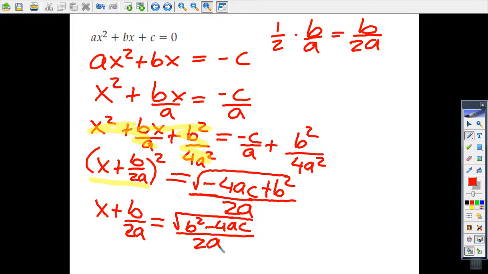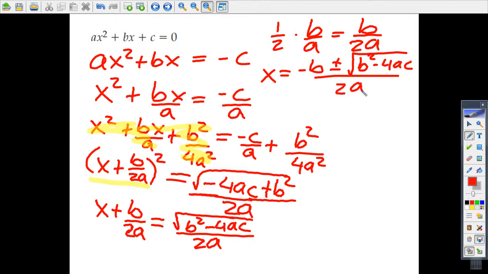And now it's just a matter of subtracting the b over the 2a from both sides, and then I end up with x equals negative b plus or minus the square root of b squared minus 4ac all over 2a, which is the quadratic formula.